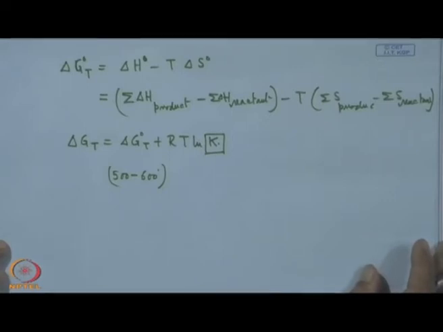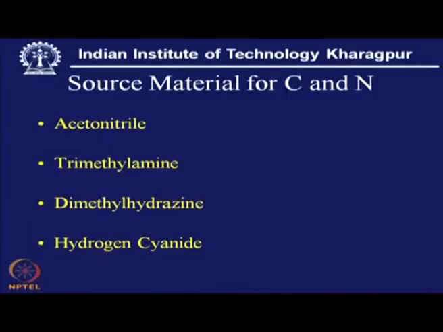So, this way we can see the use of organic source material which are suppliers of carbon and nitrogen, instead of conventionally chosen methane or acetylene for carbon and molecular nitrogen or methane for nitrogen.